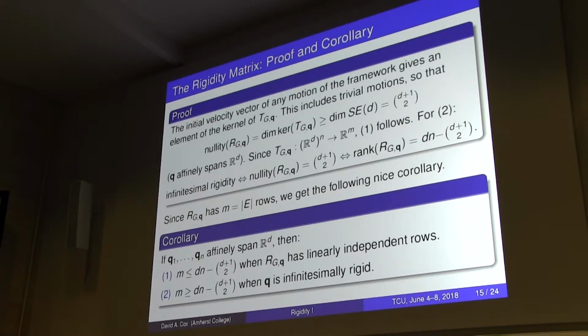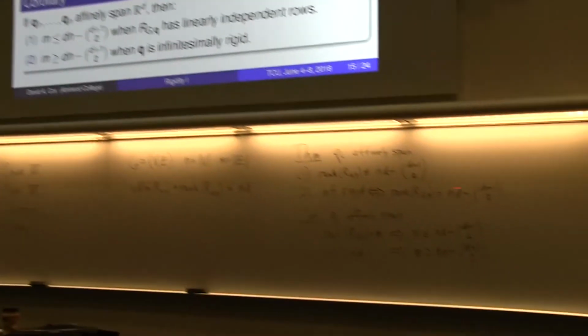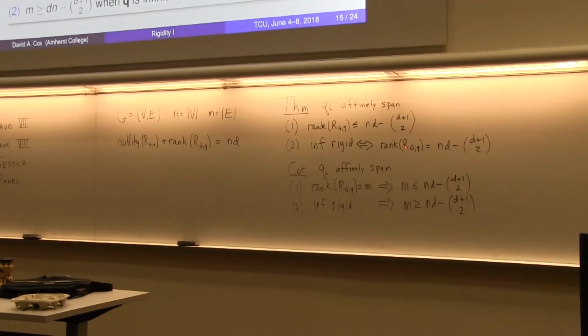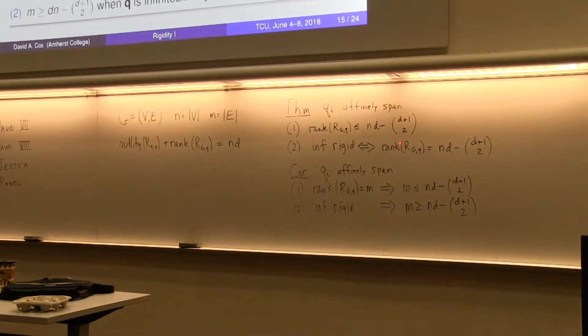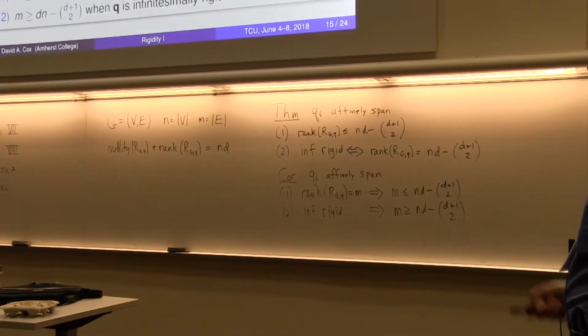So instant corollary. And then what about when I'm infinitesimally rigid? Well, infinitesimally rigid says that the rank is equal to this, but the rank is always bounded above, because the rank is the row rank, so the number of rows always gives an upper bound to the rank, and so this is also an instant consequence. And so this little corollary really does follow quite easily from that.